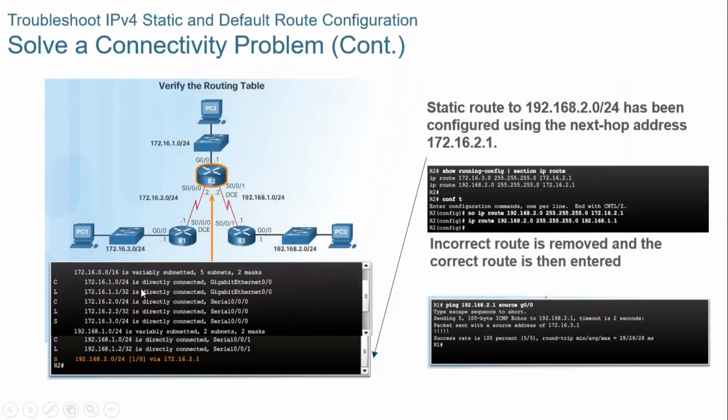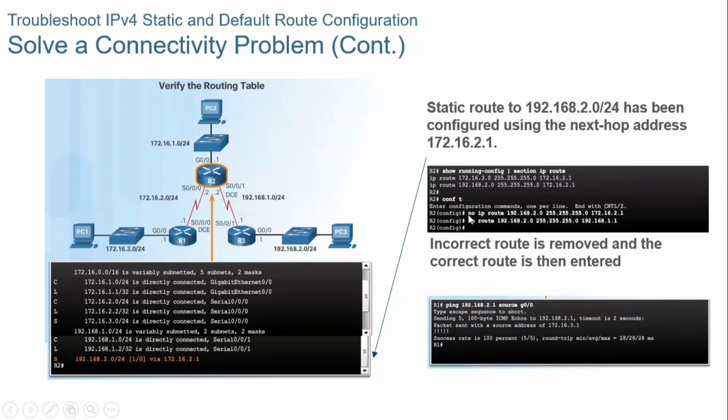In R2, we look at the routing table, we see that it has a static route, but the static route is to this network, but it uses the next hop IP of this router, which is totally not connected to that router where the network is. So something is wrong here. I typed it wrongly or whatever it is. So you go back to the configuration terminal.